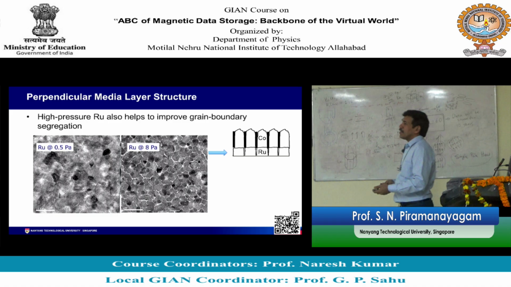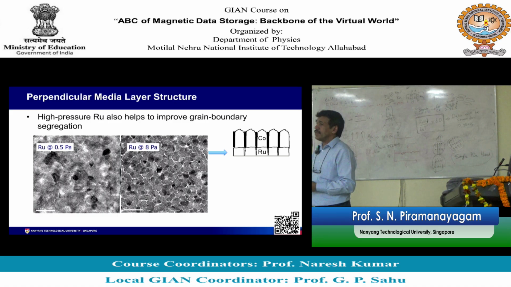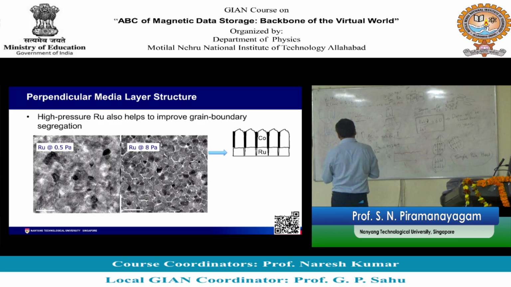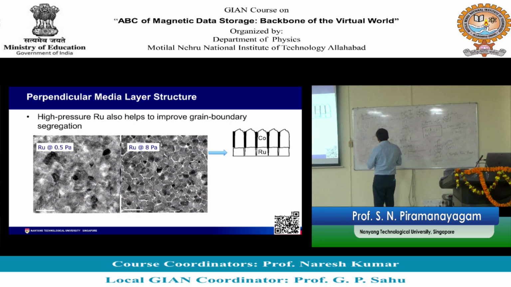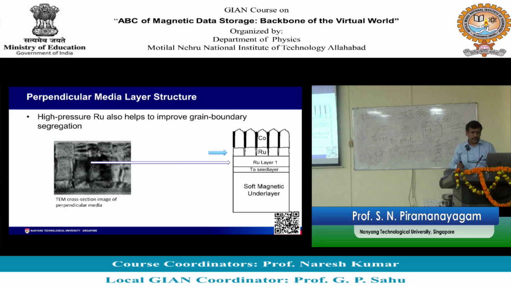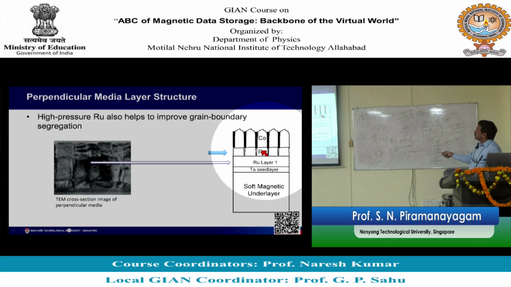So Rajan, you asked why we have two ruthenium layers, right? In perpendicular recording, we use two ruthenium layers. The one at the top is sputtered at high pressure.